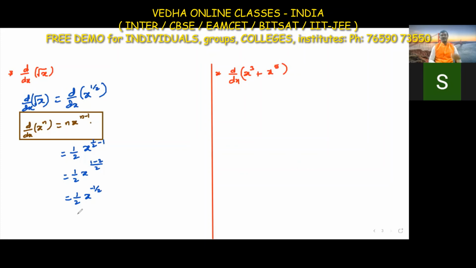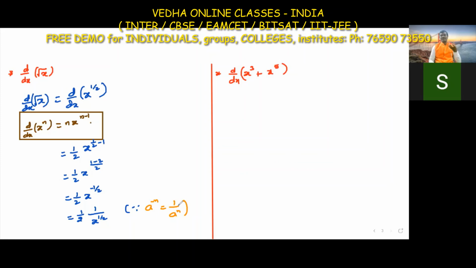Otherwise, we have one concept here. When the power is negative, we can take the term from numerator to denominator, so 1 by 2 into 1 divided by x to the power plus 1 by 2. When we move a term from numerator to denominator or denominator to numerator, we change the sign of the power. The general formula: a to the power minus n is equal to 1 by a to the power plus n.